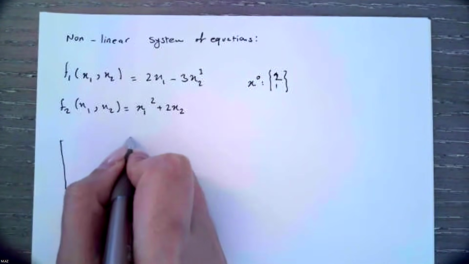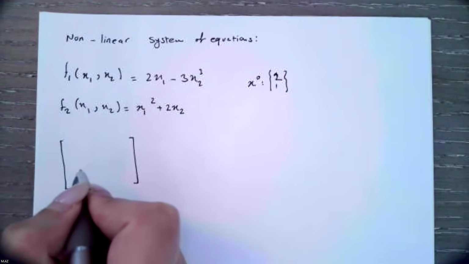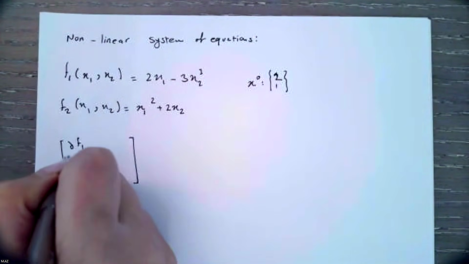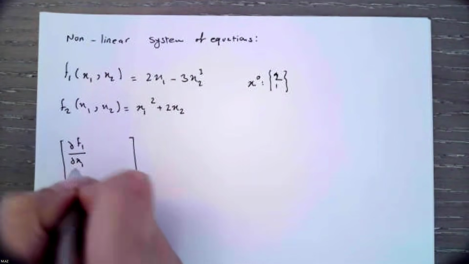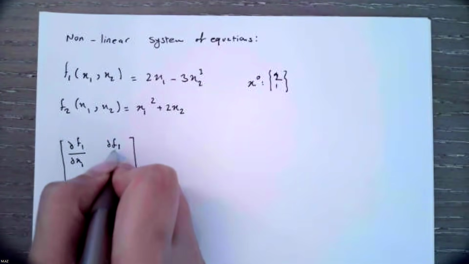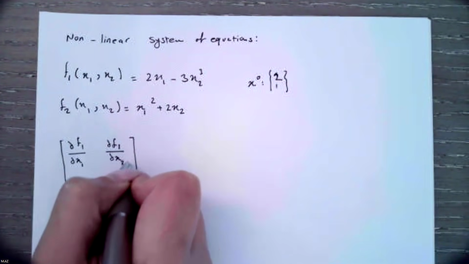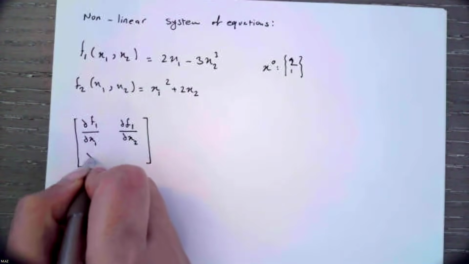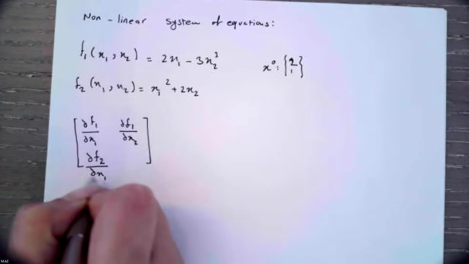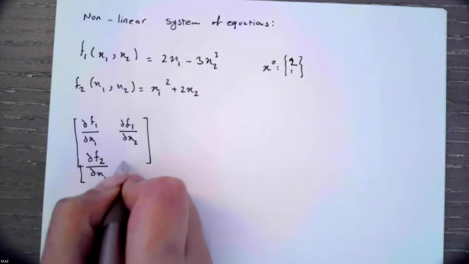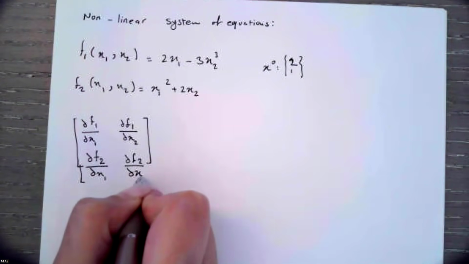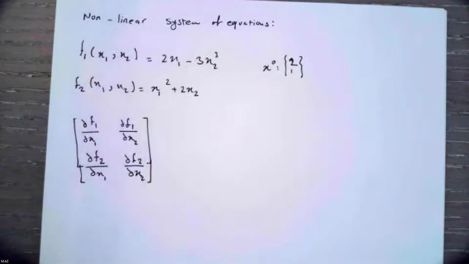This is the Jacobian matrix for a 2 by 2 system: the partial derivative of equation 1 with respect to the first variable, with respect to the second variable. This is the partial derivative of equation 2 with respect to the first variable, with respect to the second variable.